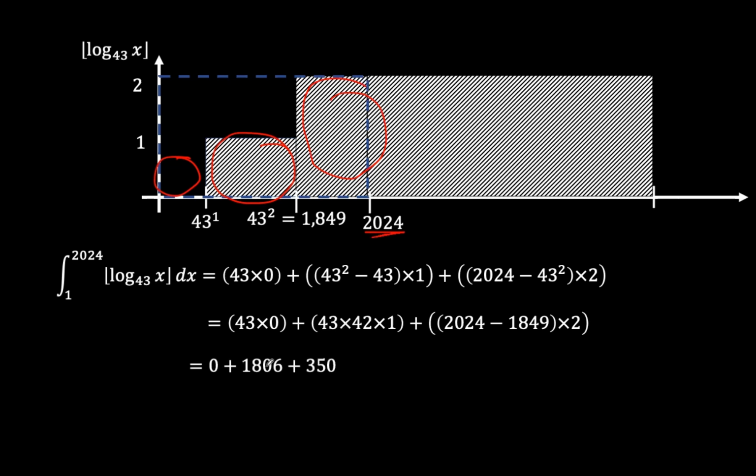So this is 0, and here we have 1,806. And here we are left with 350, such that the final answer is 2,156. And this is the answer for this integral.